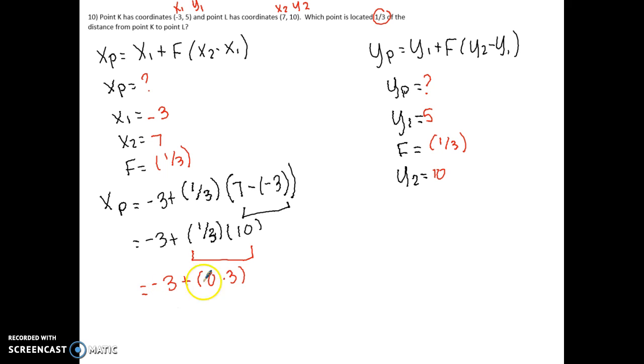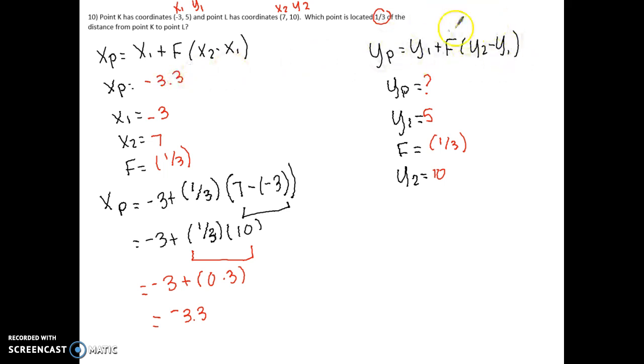Then we are going to put this in the calculator. So -3 minus 0.3 will give us -3.3. So we can go up here and say that our xp equals -3.3.